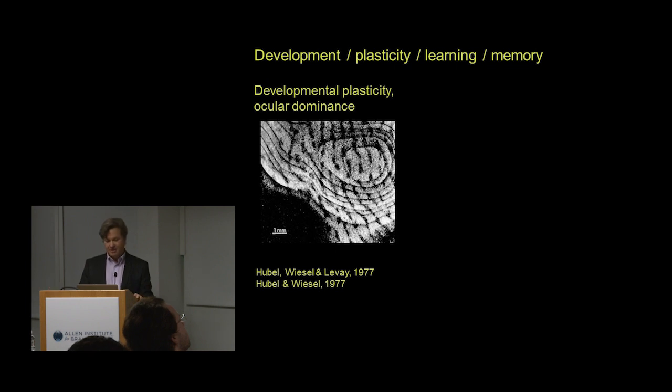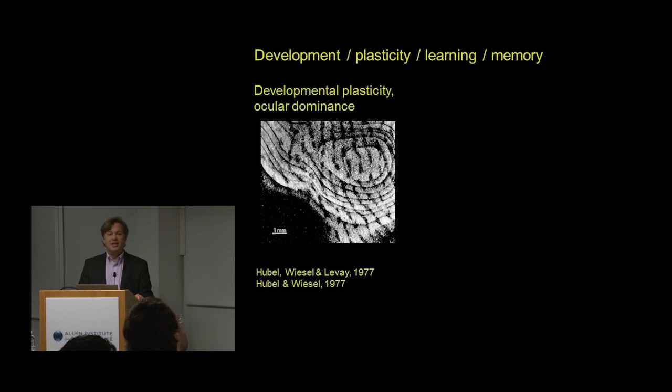And I'm going to be discussing several highlights of neuroscience over the past 70 years, beginning with developmental plasticity, in particular developmental plasticity of the visual system, and in particular Hubel and Wiesel's work on ocular dominance.